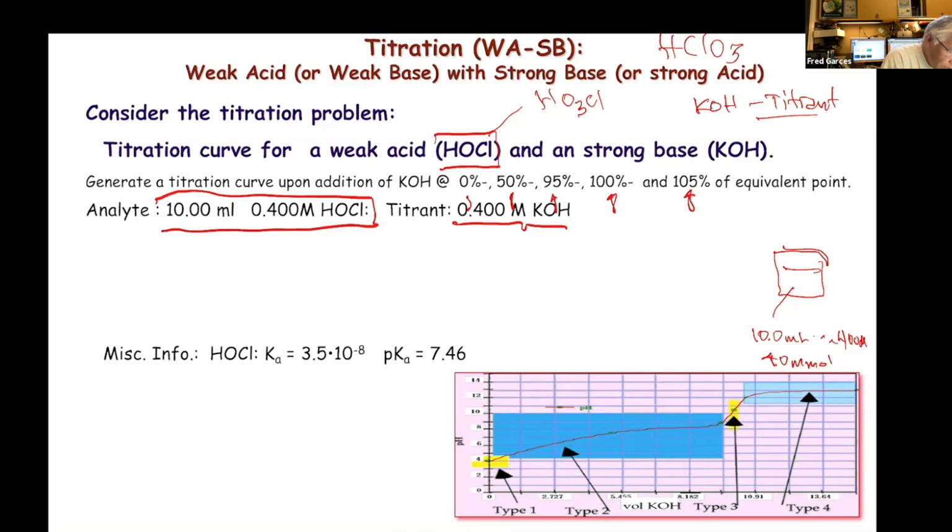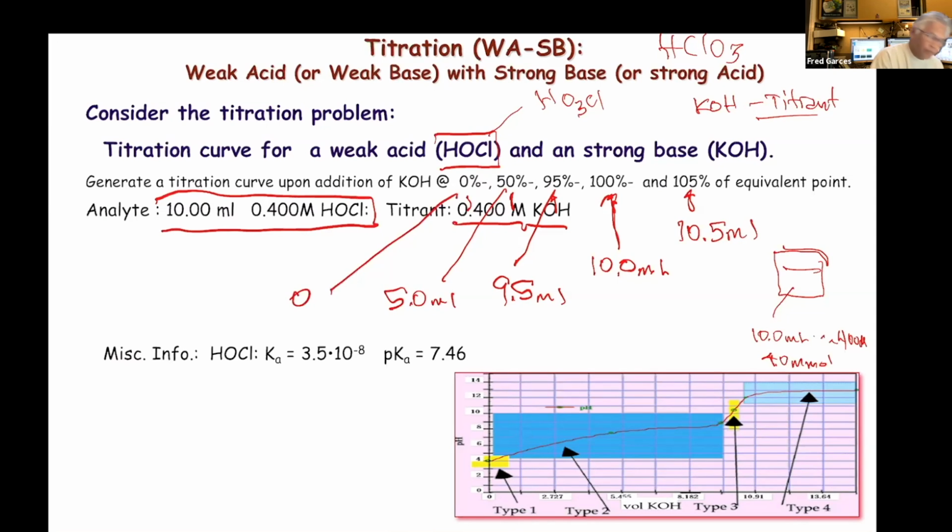So the equivalence point here, 100%, that would be 10 milliliters. That means 105%, 10 times 1.05, that's 10.5 milliliters of KOH. 95% would be 9.5 milliliters. 50% is 5.0 milliliters, and 0 is just 0.